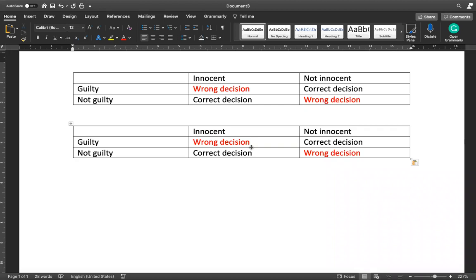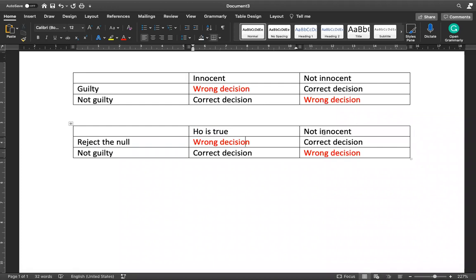Right. So, in the same way, the status quo, being innocent, can be referred to as a situation where the null hypothesis is true. And guilty is where you reject the null hypothesis. So if the null hypothesis is true, but you reject it, you've made a wrong decision.